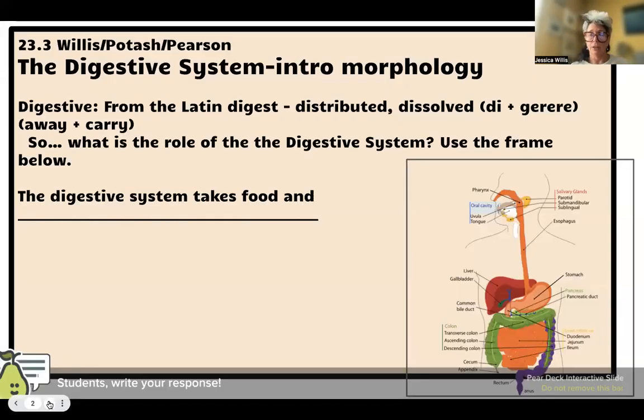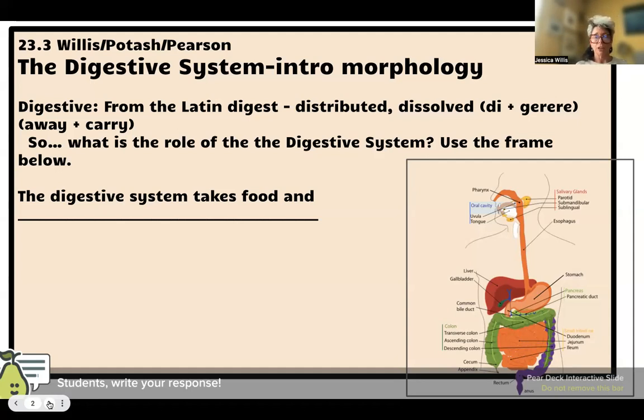In biology recently and into this coming week, we're going to be working on sliding these word parts around as we study the digestive system.